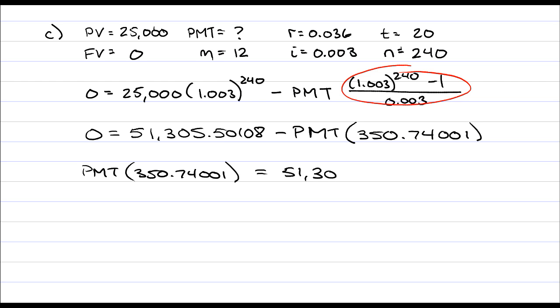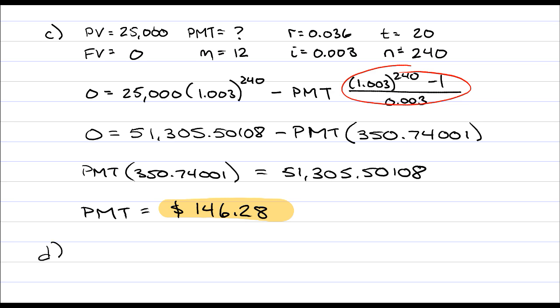So my final answer for Part C is that the payment here is $146.28, which is quite a bit less than what we found in Part A, but that would make sense because we are spreading the payments out over a longer time period, so we're going to pay less for each individual payment.